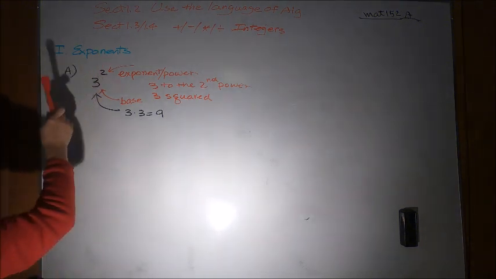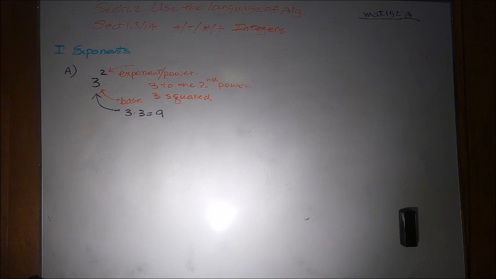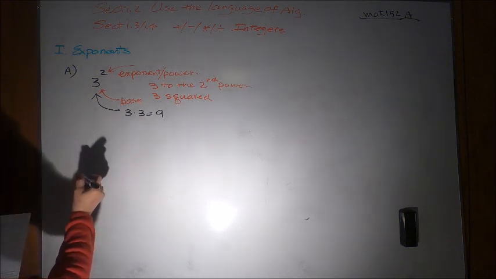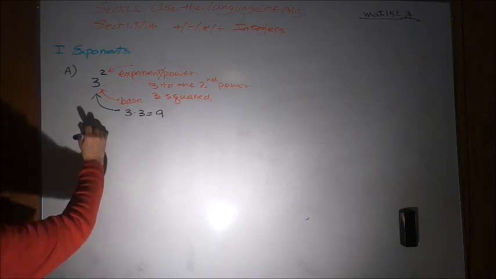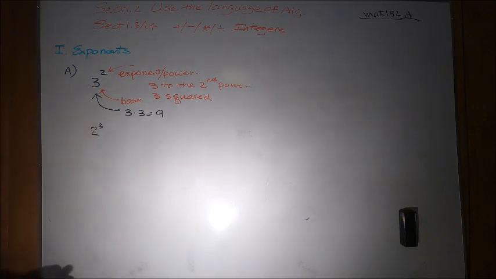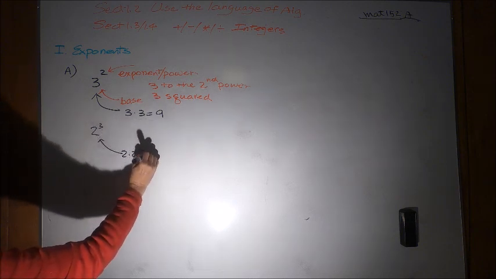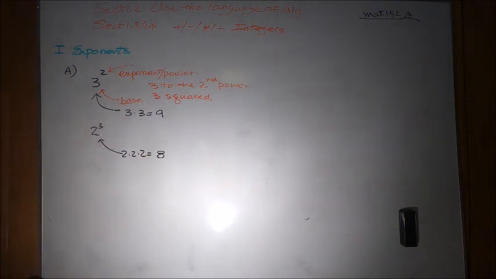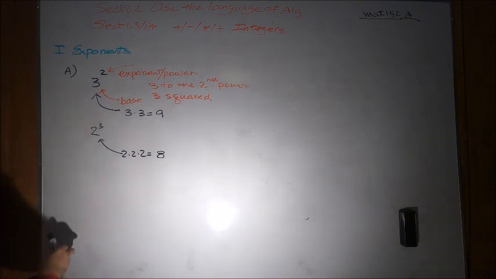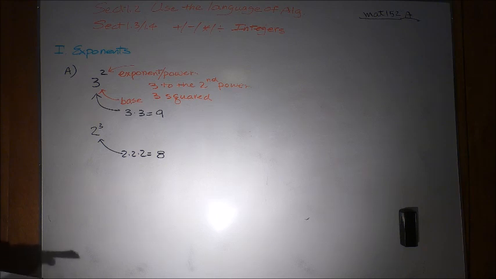So when you use power style, it means what? You multiply it by itself. So if you write 2 to the 3rd, it means you multiply 2 by itself three times, which is 8. It's just shorthand writing of multiplication.